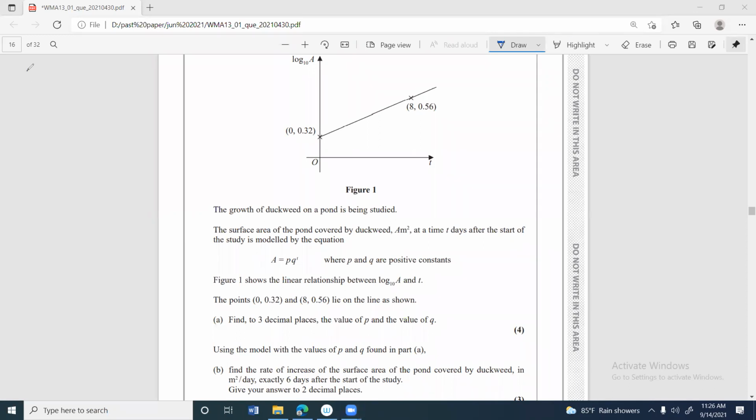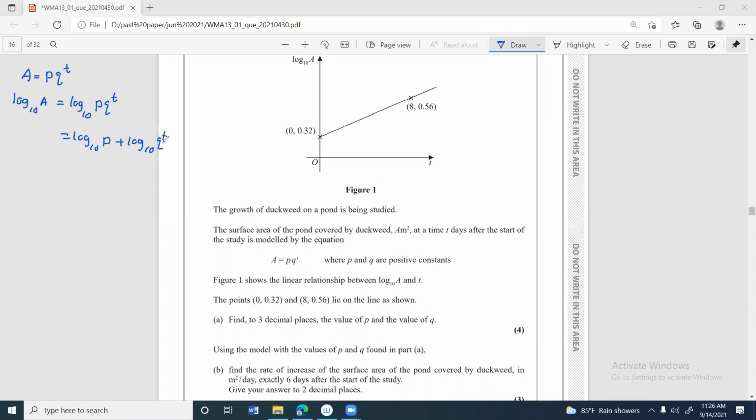The equation is A equals p q to the power t. Then I will take the logarithm to base 10 of both sides. Log 10 A equals log 10 of p q to the power t. So if you do the simplification, you can say log 10 p plus log 10 q to the power t.